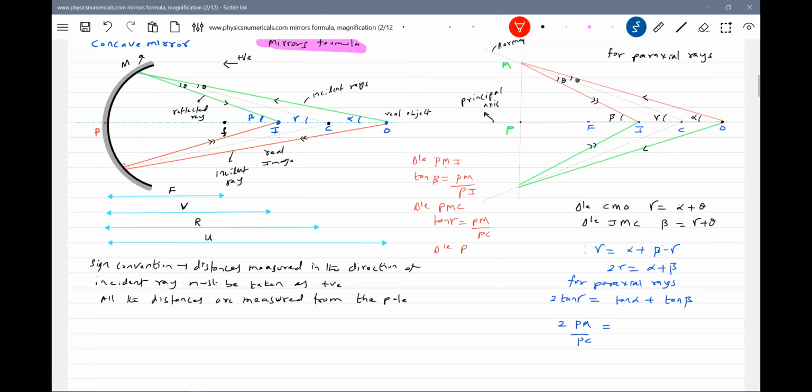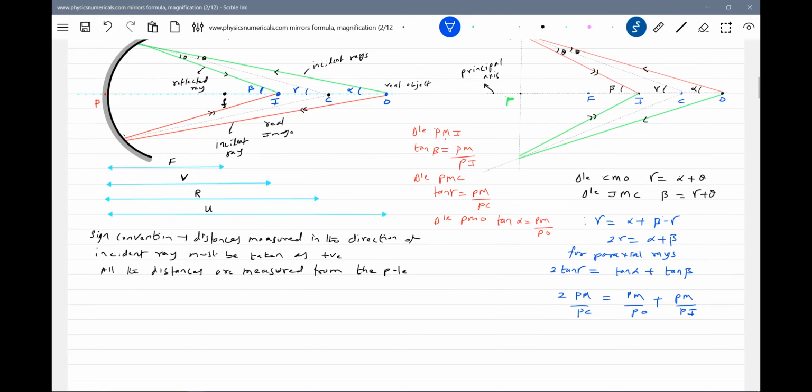Similarly, in the triangle PMO, tan alpha should be equal to PM by PO. So those things I'm going to replace here. Tan alpha will be PM by PO, tan beta is PM by PI. Okay, PM gets eliminated. So 2 by PC equals 1 by PO plus 1 by PI.